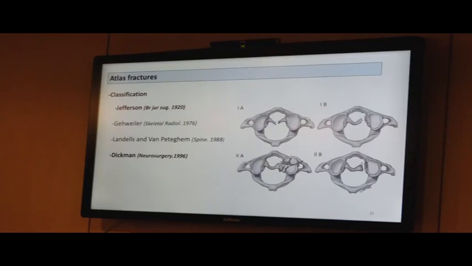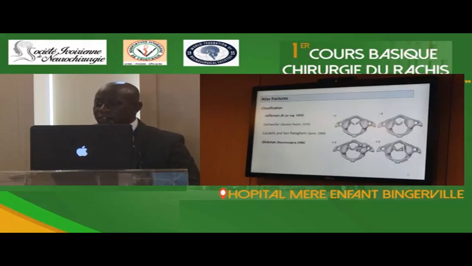Concerning the classification, the Jefferson classification relates the mechanism of injury with the type of fracture, whereas the Dickman classification focuses on the integrity of the transverse ligament and the degree of dislocation of the bony avulsion fragment from the lateral mass, which is important to define the surgical treatment option.